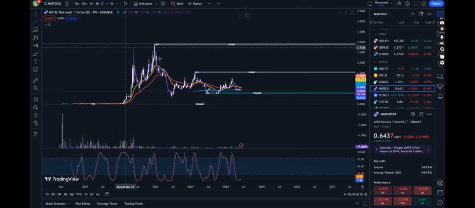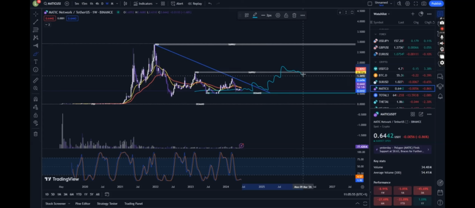But if you're looking at this on the weekly, technically we're still in a downtrend here. We haven't had anything like this. You want to see it reclaim that area and then start to push up, stay in that area, deviate, and then push again. You haven't seen anything like that, but that could be the potential scenario on Matic.